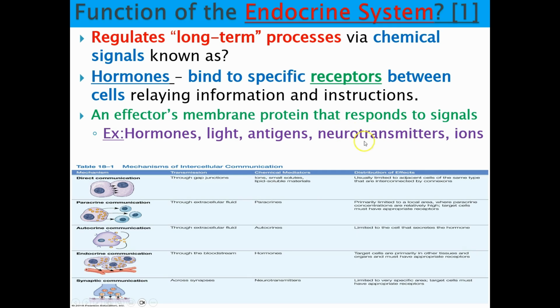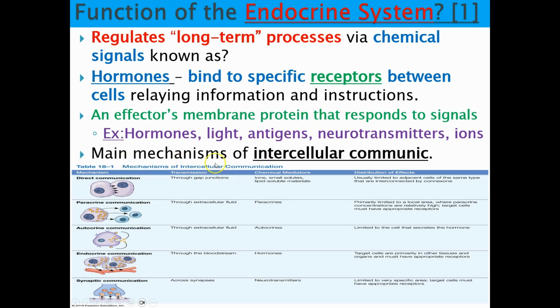So in this case, these are things that can bind to receptors, is what these are examples of. So off to the side where it says example, things that bind to receptors: hormones, light. Antigens bind to receptors. Those receptors would have been found, we're going to learn, in the immunoglobulins, which are, as we're going to see, antibodies.